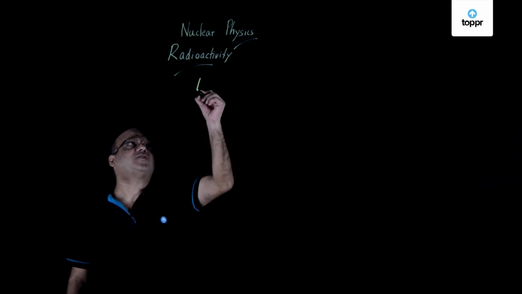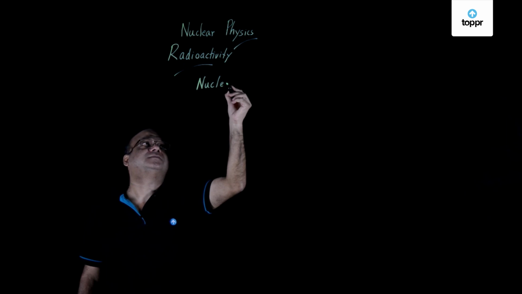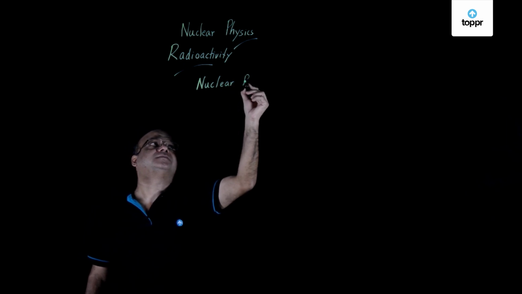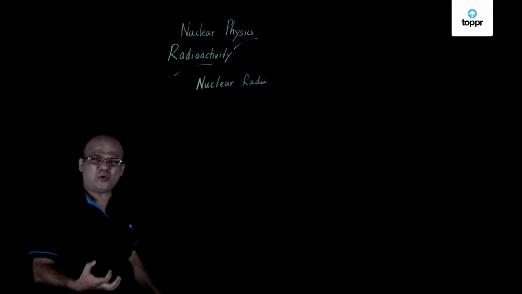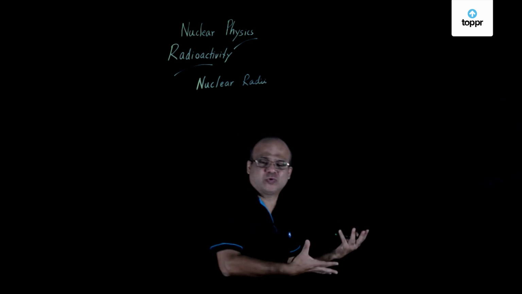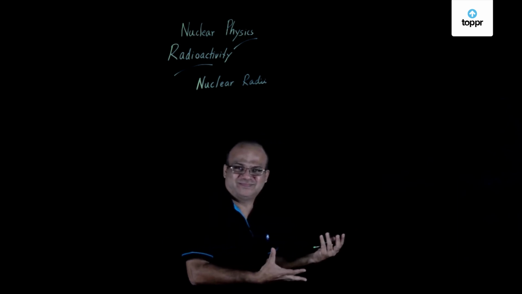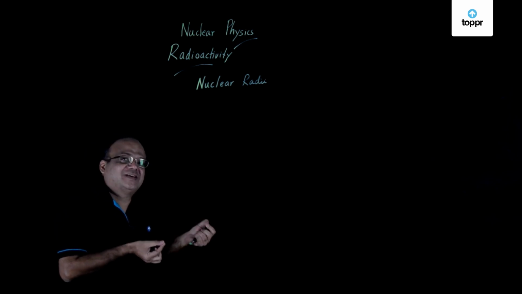Now let us talk about nuclear radii. How to estimate the radius of a nucleus? We cannot see a nucleus, we cannot see an atom, so how do we estimate the radius?